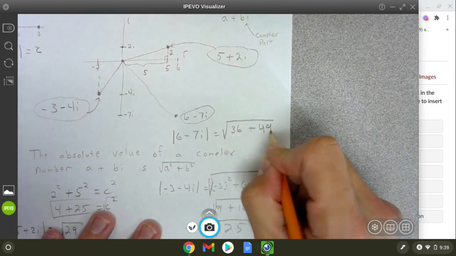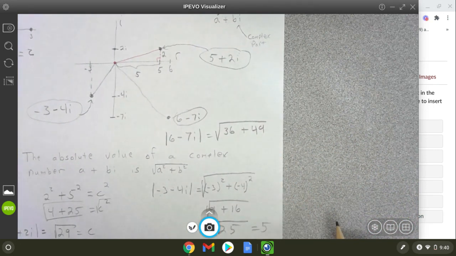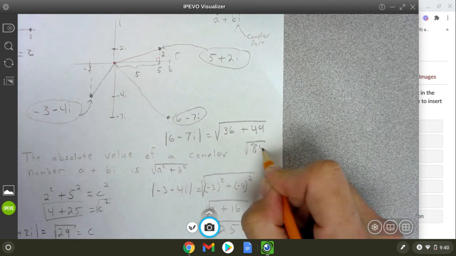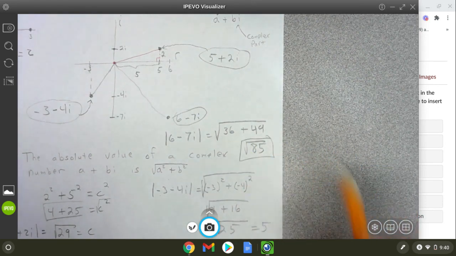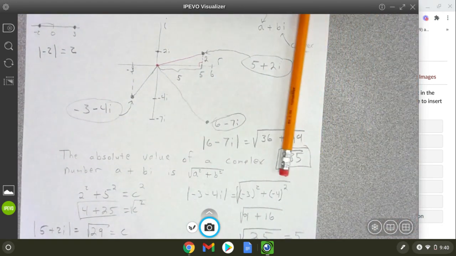So that's 49. Notice this is always positive. 36 and 49, that's 85. So you get the square root of 85, which is like 9 point something. And that makes sense, 9 point something. Good.